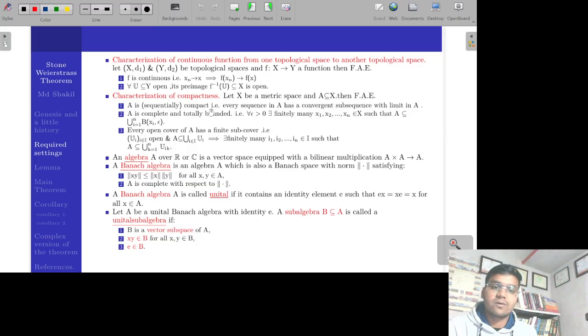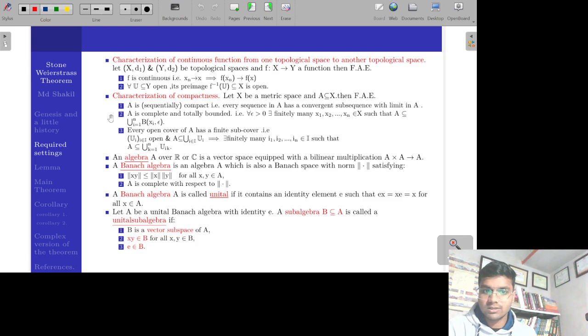When A is sequentially compact, then the second point is also valid: A is complete and totally bounded. Complete means every Cauchy sequence converges within A itself, and total boundedness means for every epsilon greater than 0, there is a finite cover, finite points x1, x2, ..., xn in X such that A is covered by the epsilon neighborhoods of these xi's.